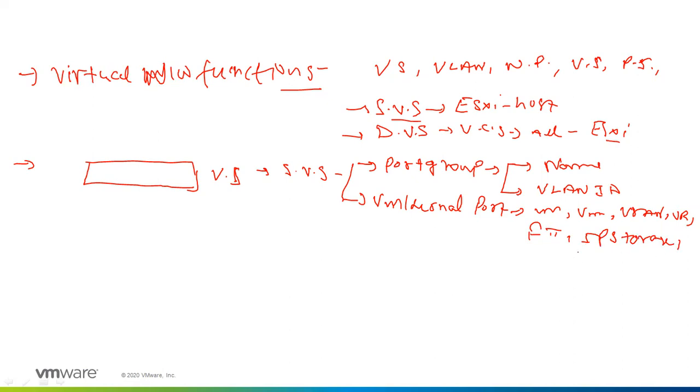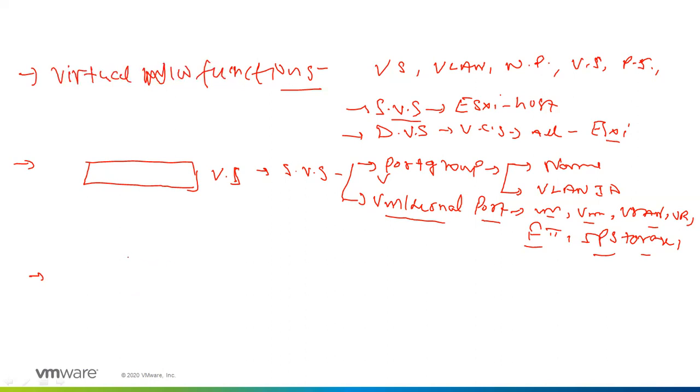The name VM kernel means it is primarily used for hypervisor function. On those VM kernel ports, we don't connect any virtual machine. Virtual machine connections are created on top of port groups. Each port group can have a number of virtual ports available.